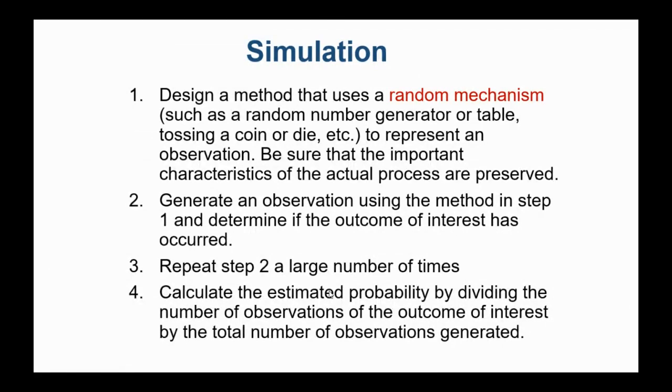And then calculate the estimated probability by dividing the number of observations of the outcomes of interest by the total number of observations generated.